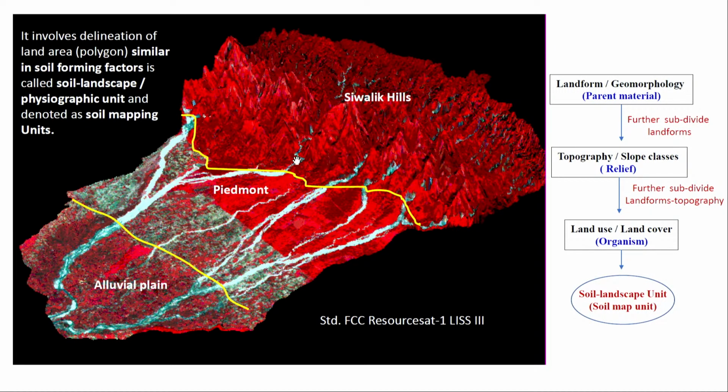So what you need to do, first you map the parent material, then suppose Shivalik hills, you further divide based on the topography or slope, and you can see here the slope is less, here the slope is more. So you divide this into two, and then again see if there is a change in land use land cover in this one, then further divide.